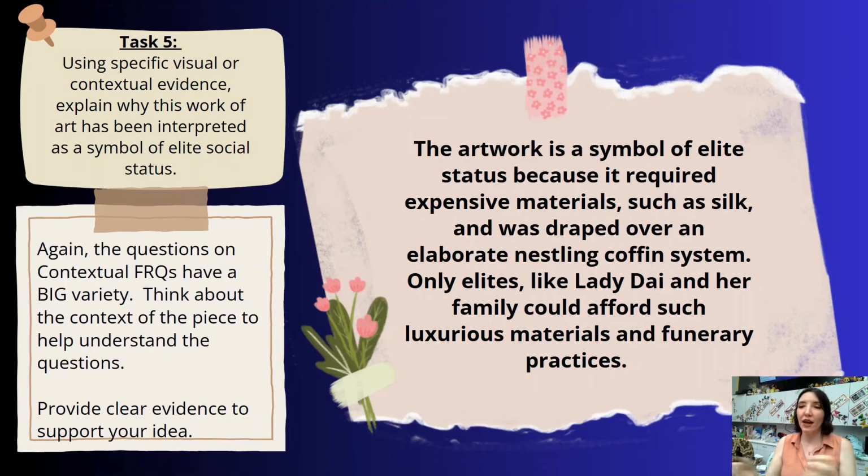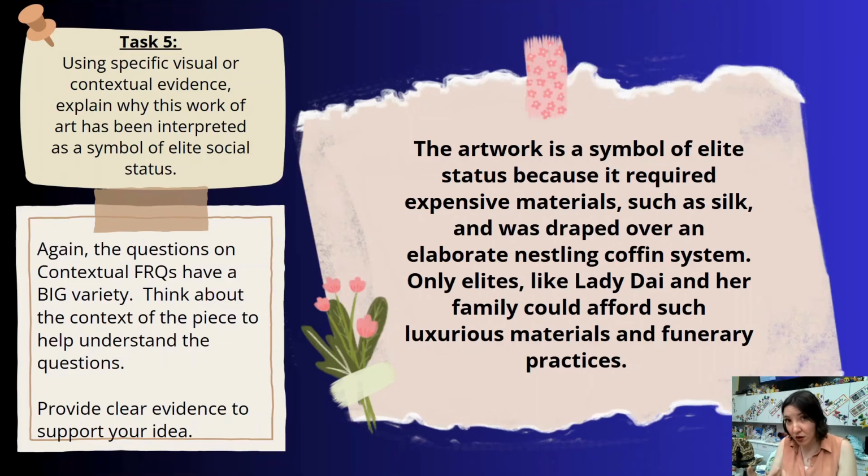So very wide, we can talk about the materials, we could talk about the context of her being an elite person, any of that kind of stuff. Just make sure you're being specific. You don't want to just say the artwork uses silk. Why is that elite? You have to explain why on these kind of questions, right? So anytime it says explain or why, that's where you go deep.